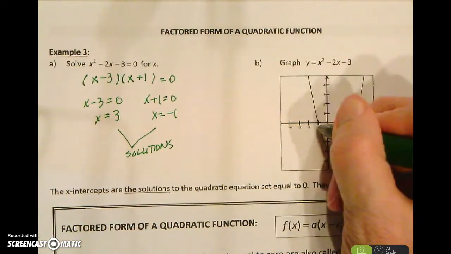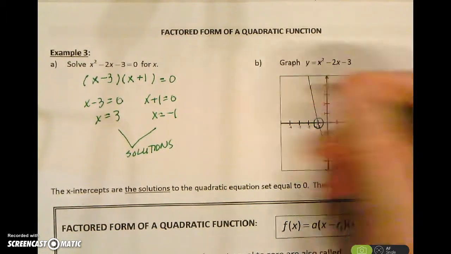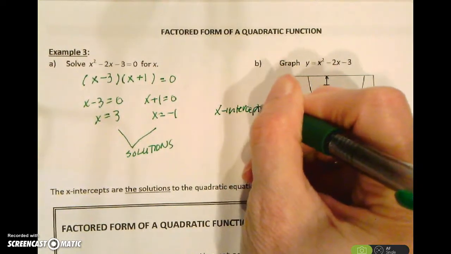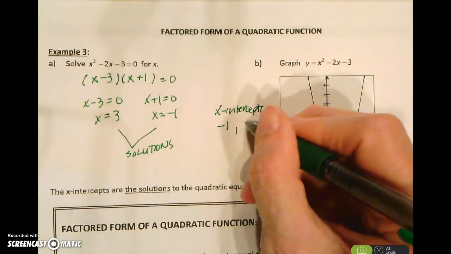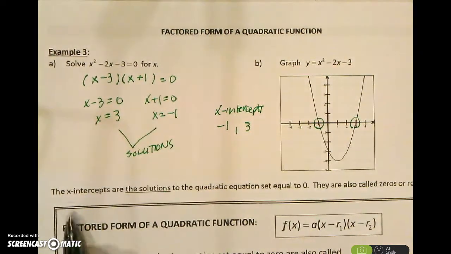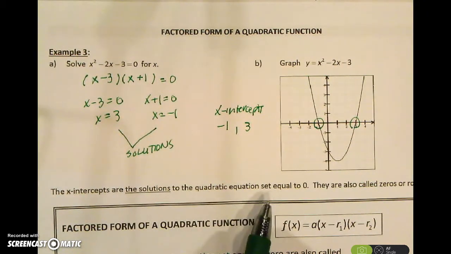What I want you to notice is that the x-intercepts are negative 1 and 3. So they are the same as our solutions. So the x-intercepts are the solutions to the quadratic equation set equal to 0.